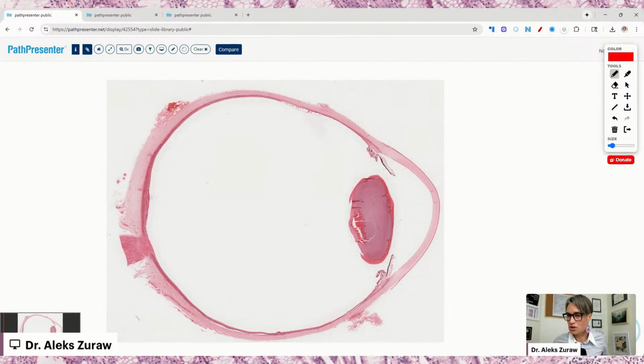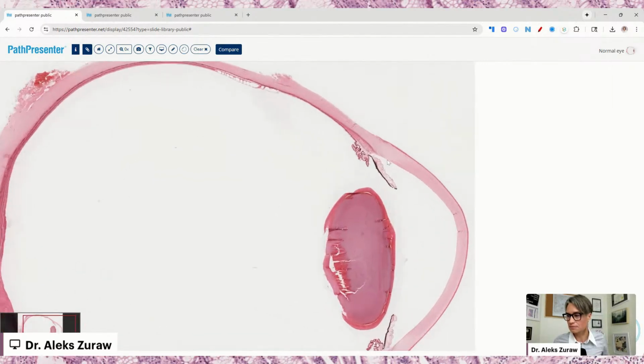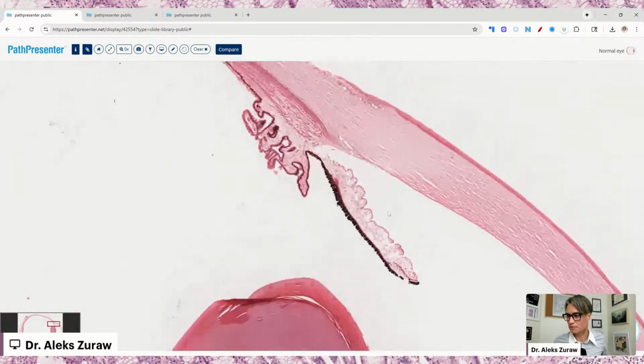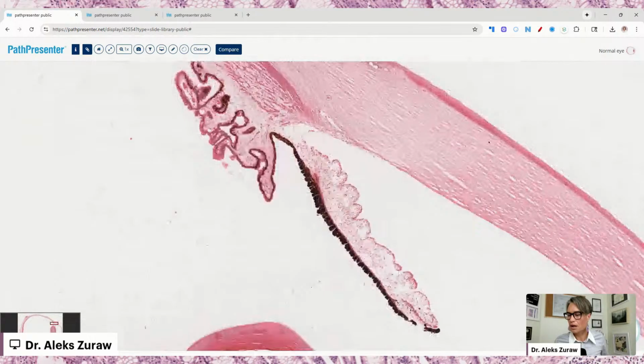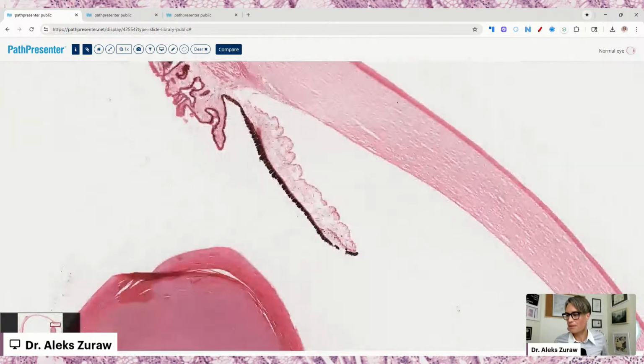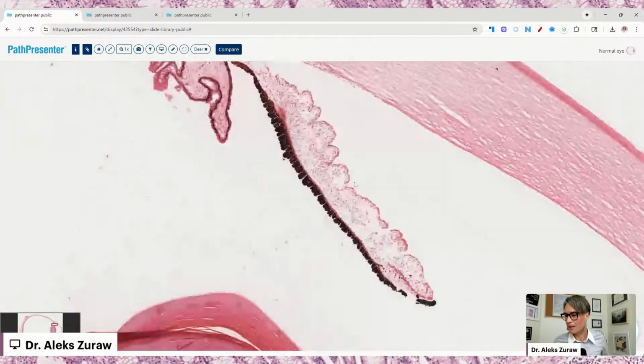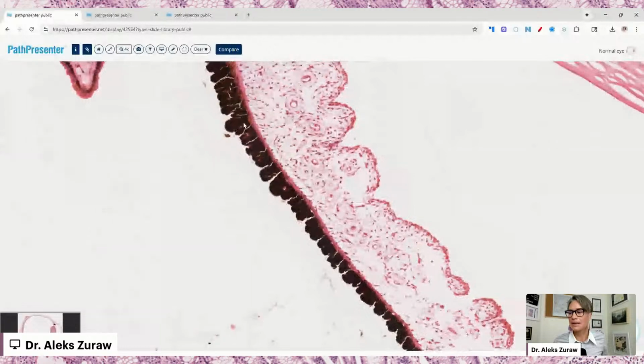So let me show it to you from closer. This is the anterior side, and this is the posterior side, and we're going to be talking about what's there as well.